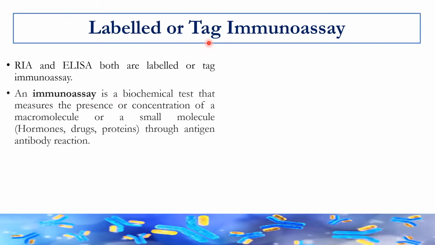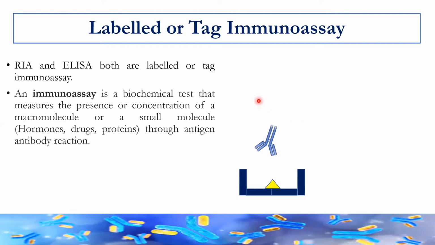Then both RIA and ELISA, that is radioimmunoassay and enzyme-linked immunosorbent assay, are called labeled or tagged immunoassays. Why do you call them labeled or tagged immunoassay? Now let us see that. Suppose this is a microplate well, and this is an antigen, and this is an antibody.